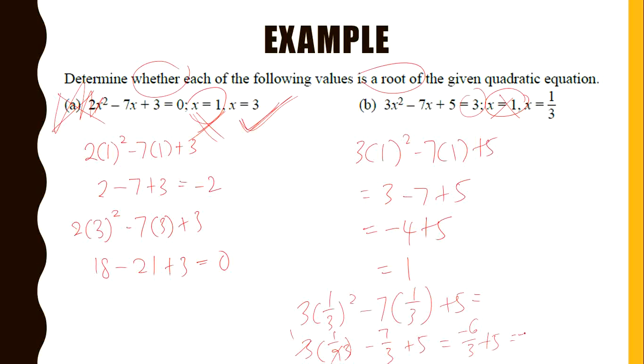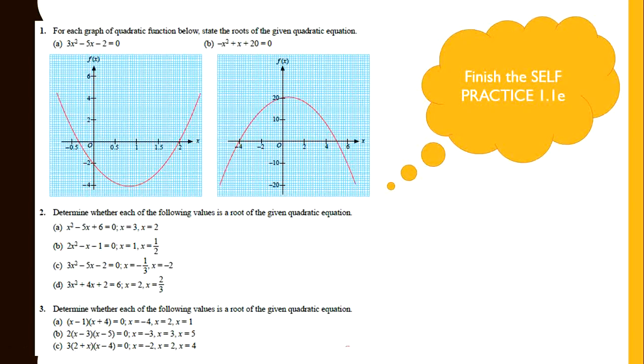Here will be negative 2 plus 5. So, kita akan dapat 3. Okay, so betul lah. Equals to 3. So, ini adalah root dia. So, check which one is the root. So, as usual, finish self-practice 1.1e pula.